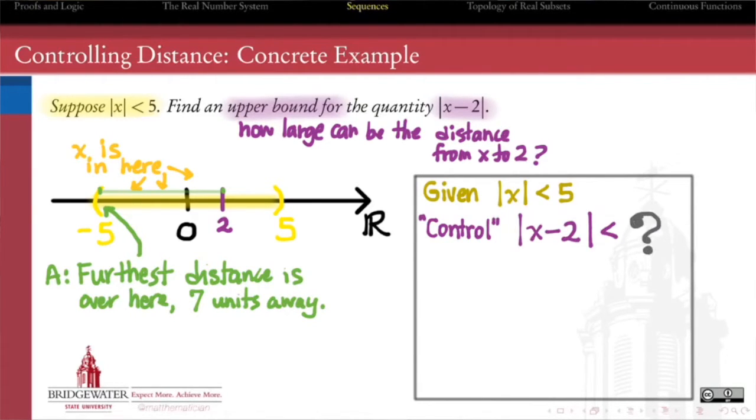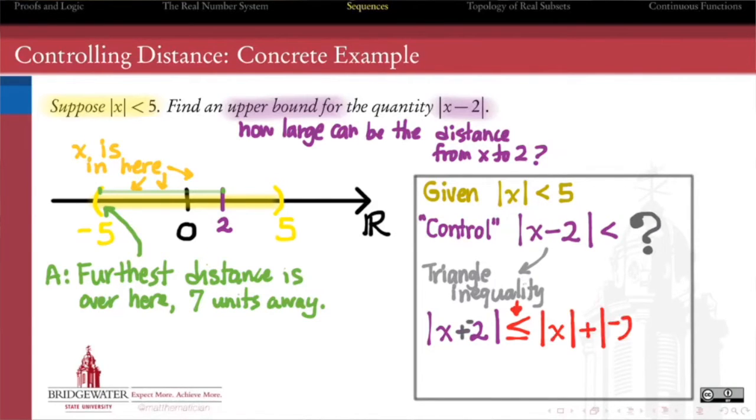What we want to do is show that the distance between x and 2 is less than something. This is sometimes called controlling the distance from above. And so the forward triangle inequality is going to be our tool. It tells us that this quantity, absolute value of x minus 2, is going to be no larger than the absolute value of x plus the absolute value of -2.